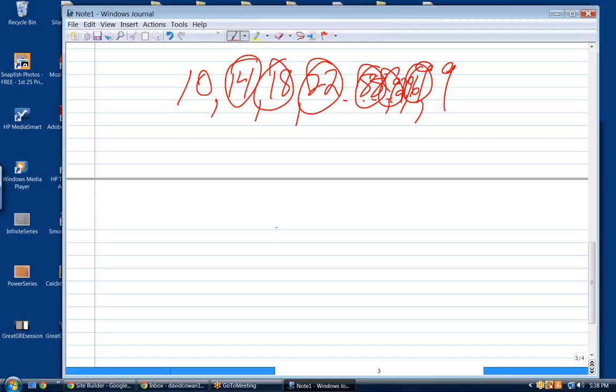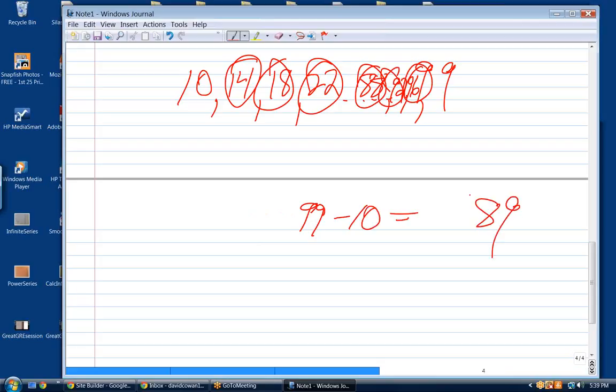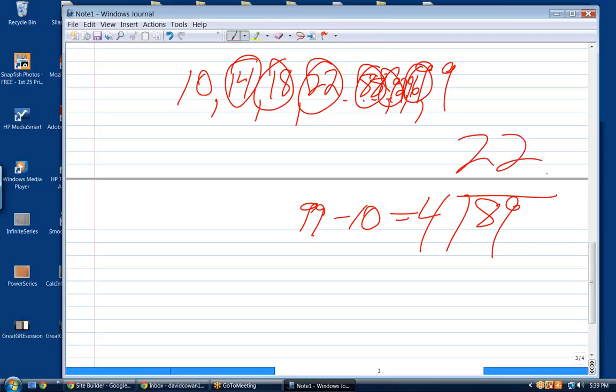Well, how can I do that? I can take the difference. I can take 99 minus 10 and get 89 and divide that by 4 and get 22 with 1 remaining. And 22 is going to be right.